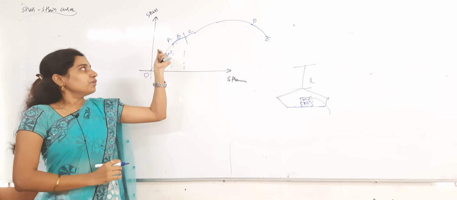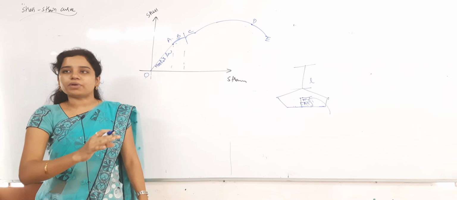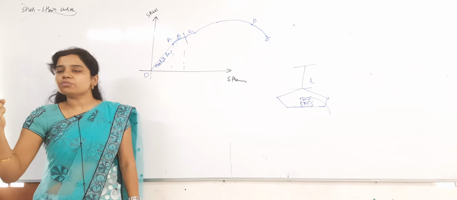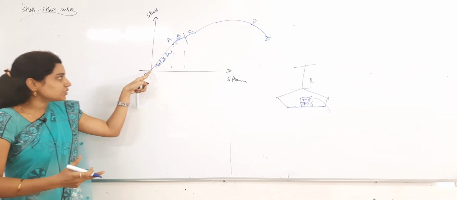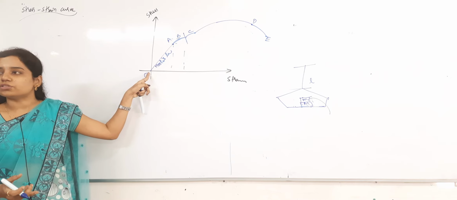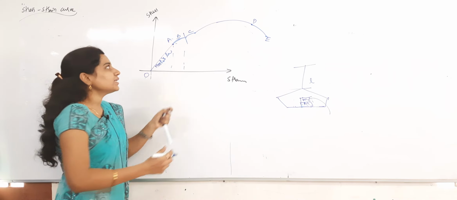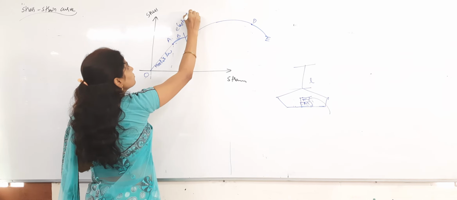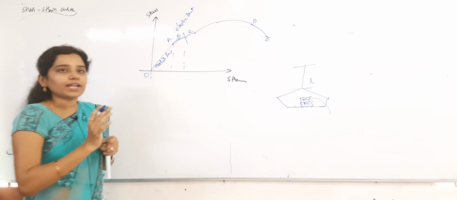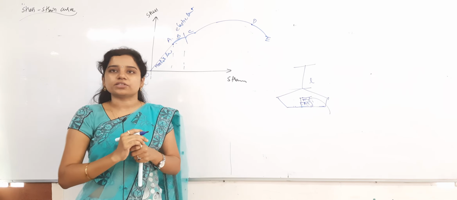And from A to B I add one more mass. Whenever I remove these two masses, the wire goes back to the original position, coming to the origin again. So this is known as the elastic limit. Up to here only the elastic nature is there.